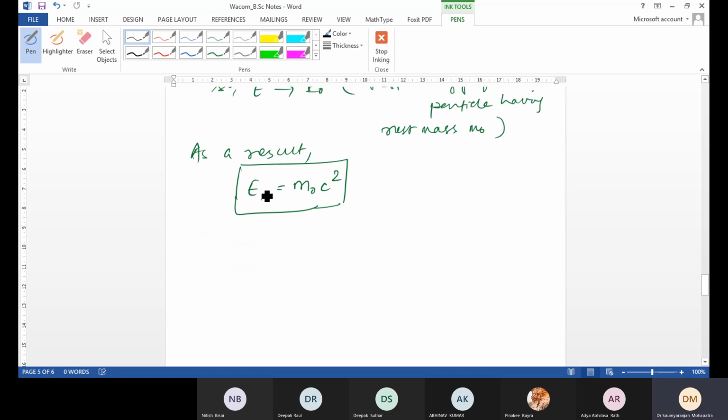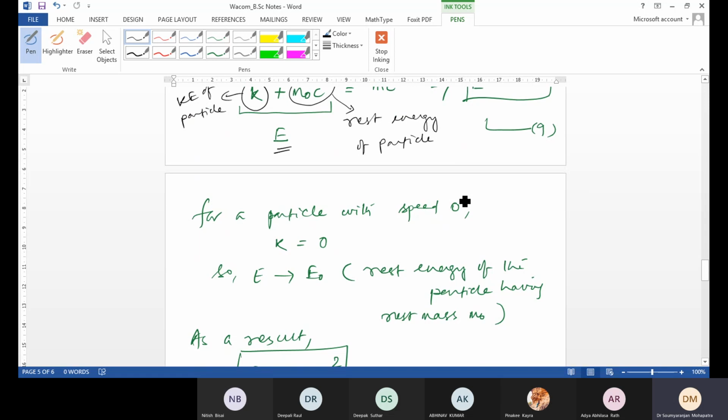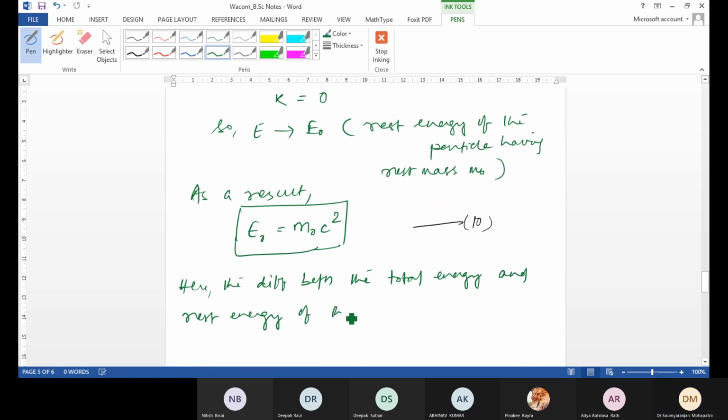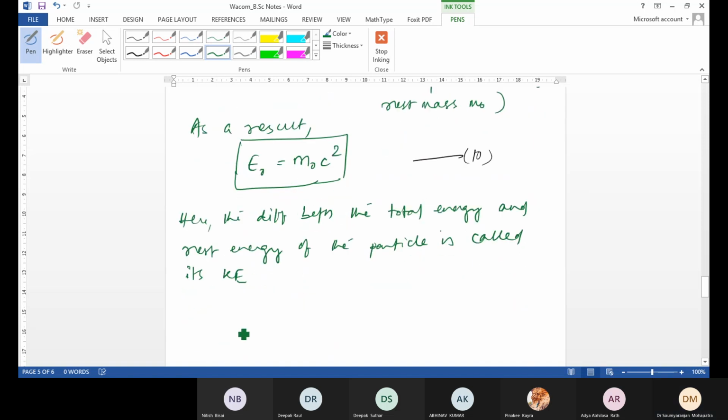So what we conclude from these above two expressions, if you give equation number this 9 and this 10, we conclude that the difference between the total energy and rest energy of the particle is called its kinetic energy. आया समझ में?